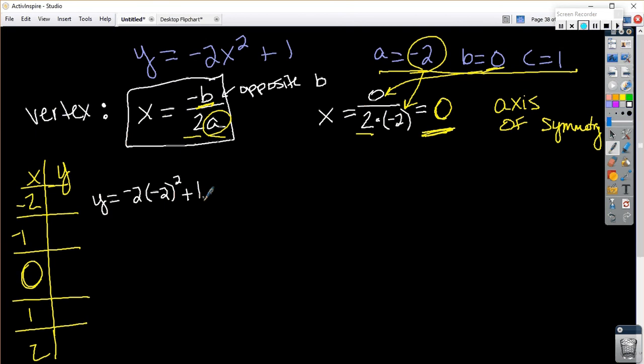I'm taking the original equation. All right, exponents come first. -2 squared is 4, right? So I got -2 times 4 plus 1.